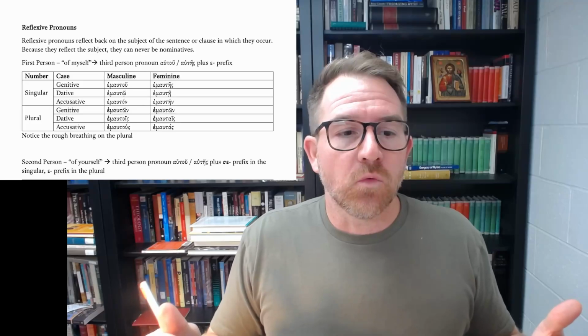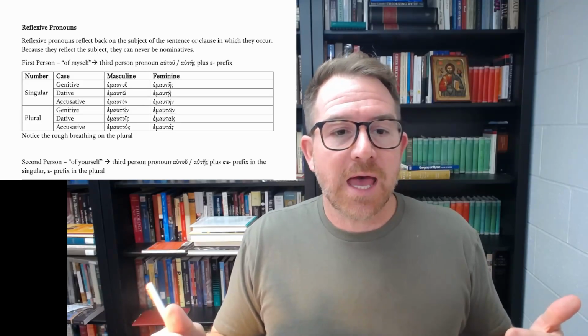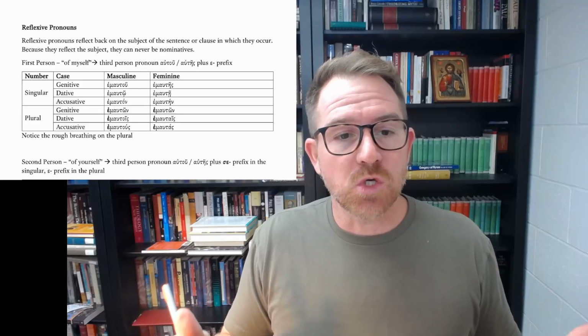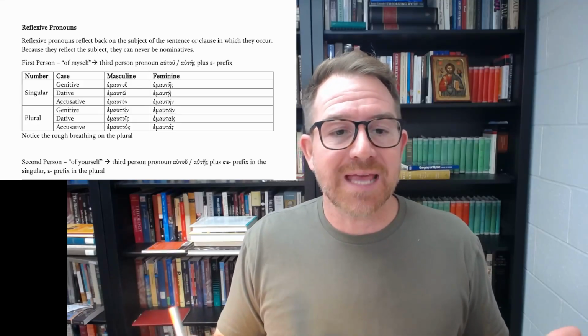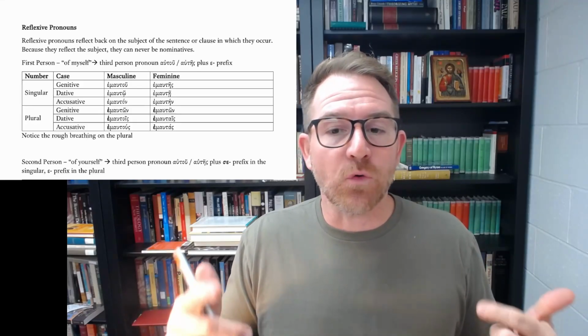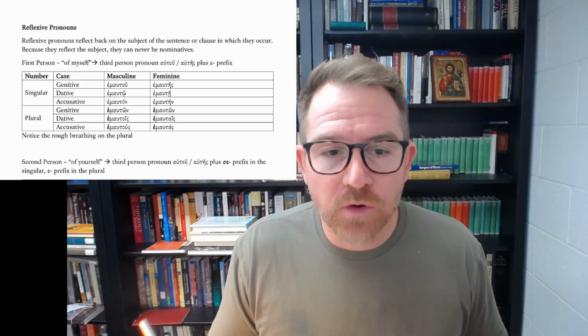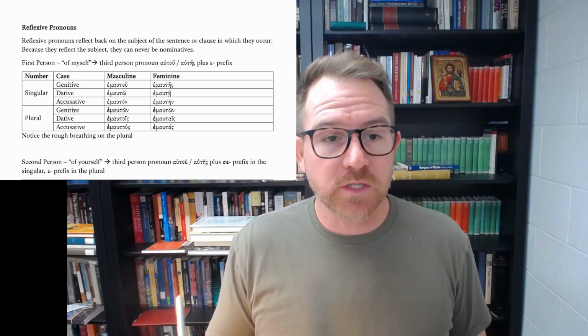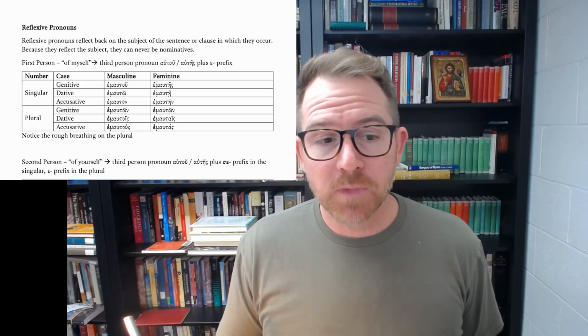Notice the rough breathing mark on the plural. So it's emautou, emautō, emauton in the masculine, but then it switches to heautōn, heautois, heautous with that rough H sound, rough breathing mark in the masculine and feminine plurals. Now notice the masculine and feminine plurals are the same.